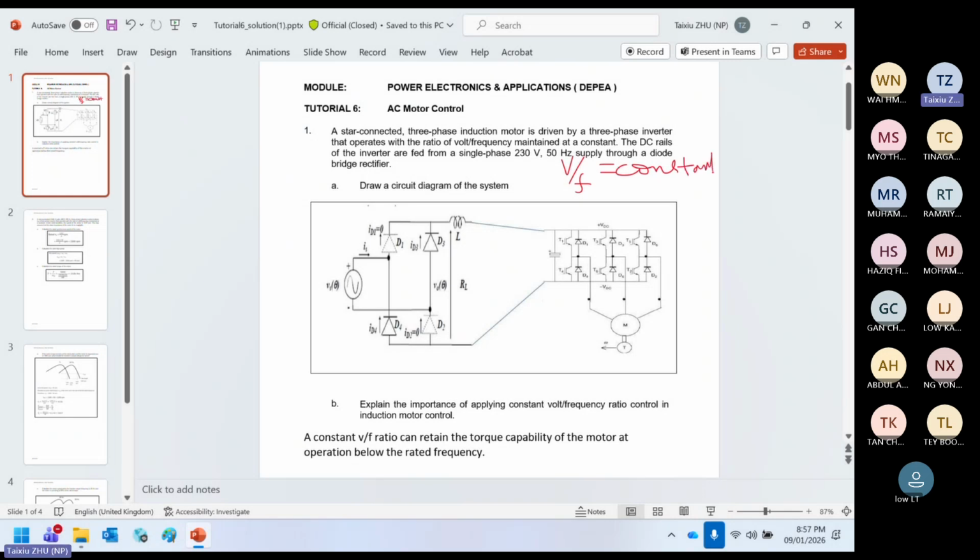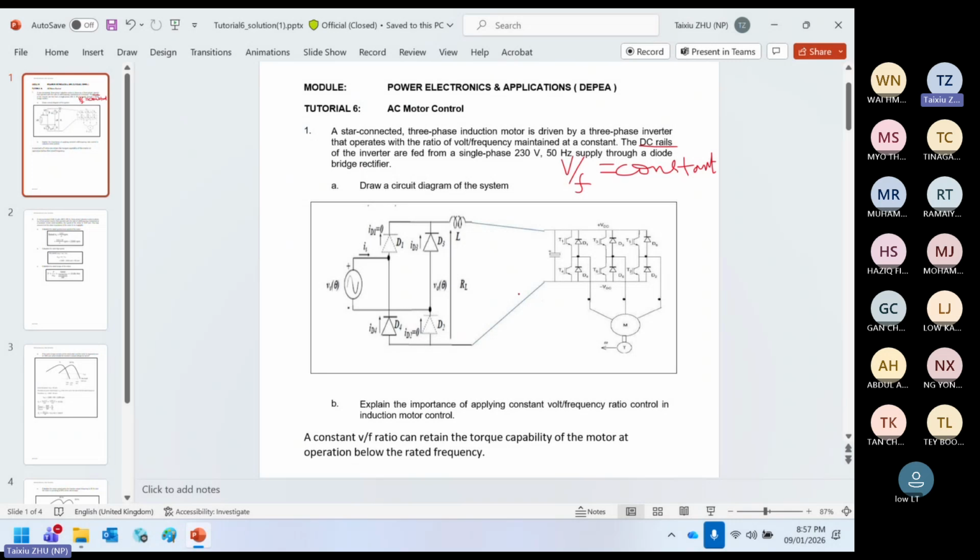So that's the control method. And also, the DC rails of the inverter are fed from a single-phase 230 volt 50 hertz supply through a diode bridge rectifier.